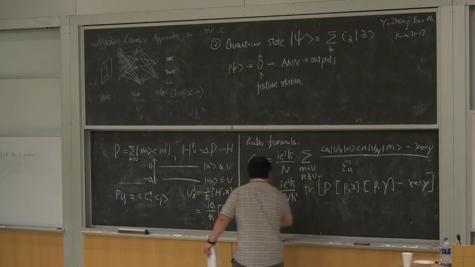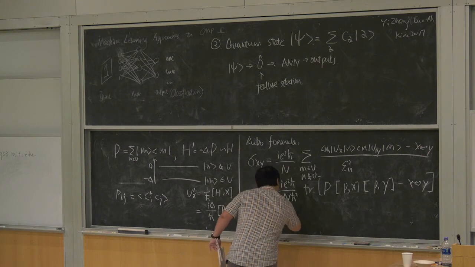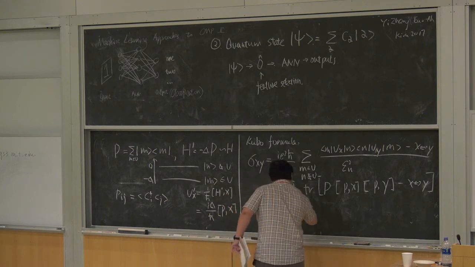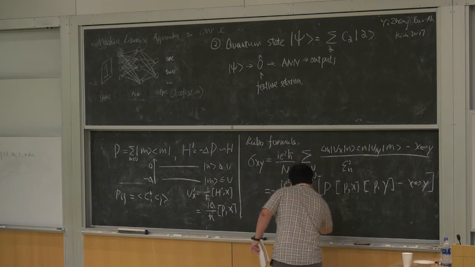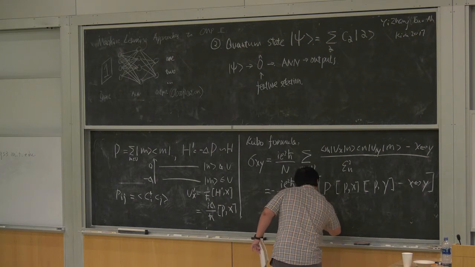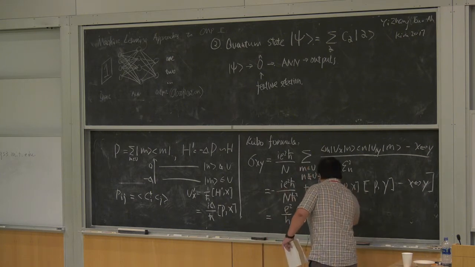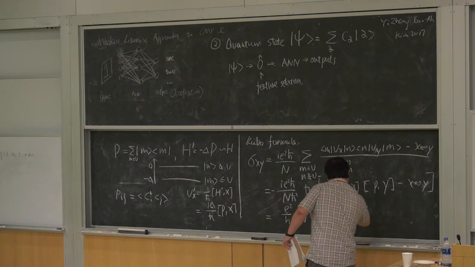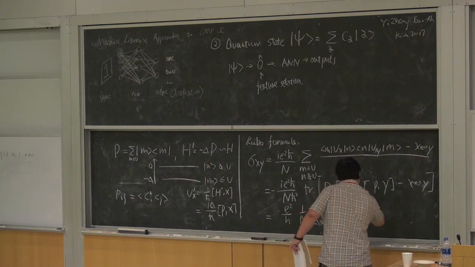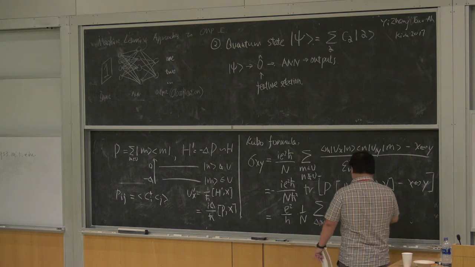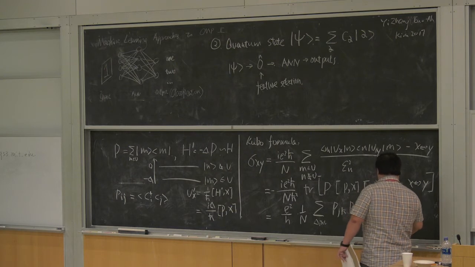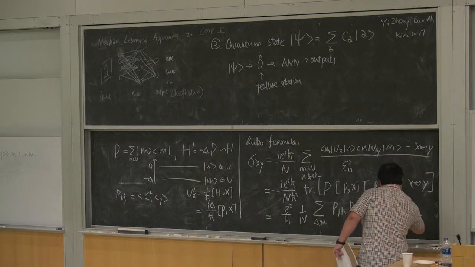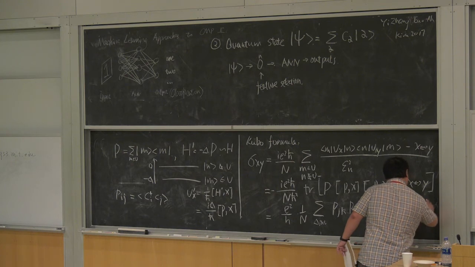And eventually it's going to be e squared over h, M squared over N, times the sum over all j, k, l of PJK, PKL, PLJ, times the area of the triangle jkl, and for pi.